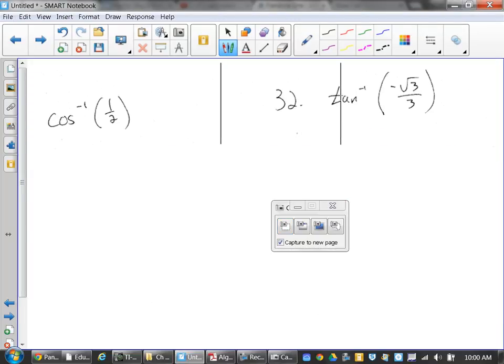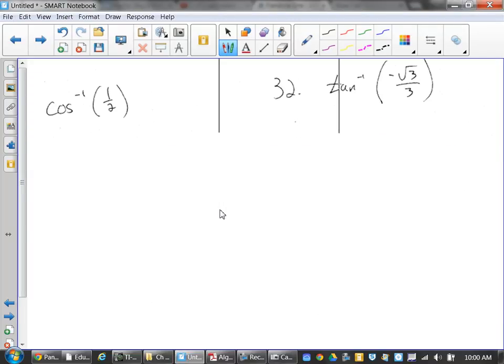Remember, in these types of problems, they're asking you what angle has a cosine of a half. What angle has the cosine of positive 1/2? When you do these, this is when you have to remember, you're between 0 and pi for cosine. Being 1/2, you have to think, what triangle can give me a ratio of 1 over 2? The 30-60.